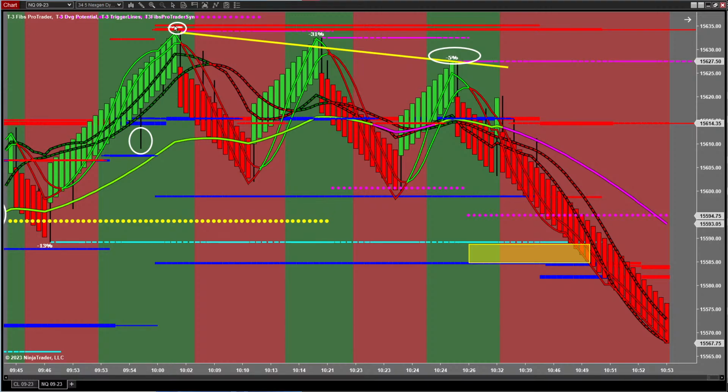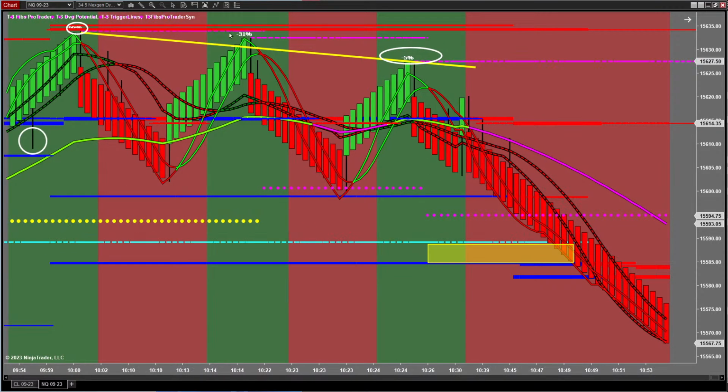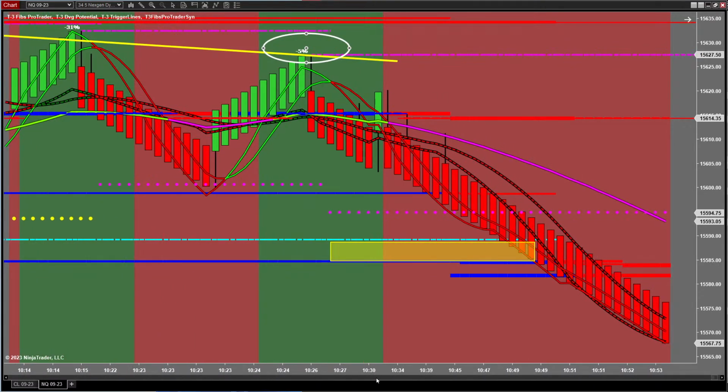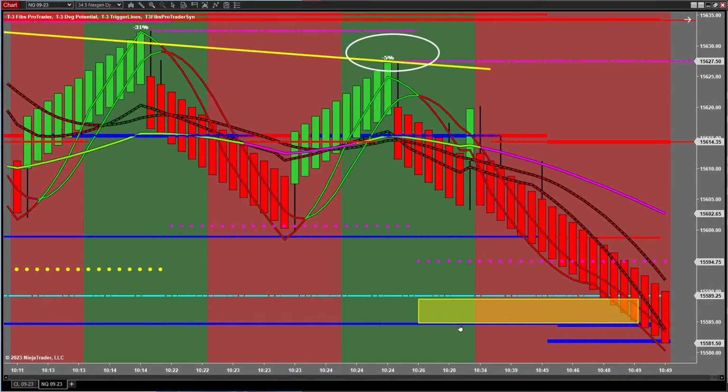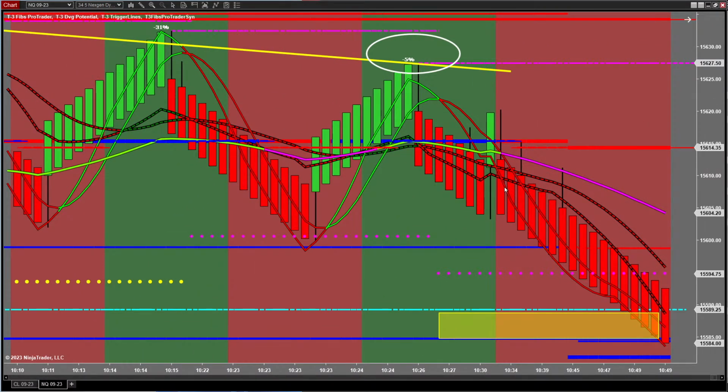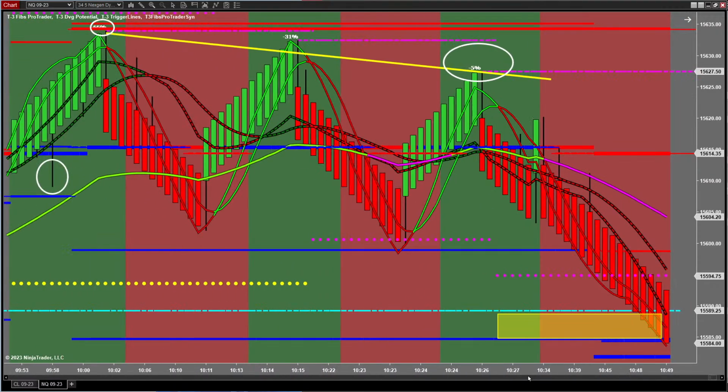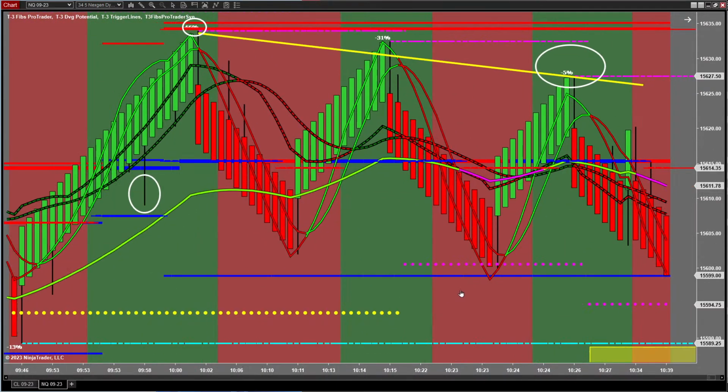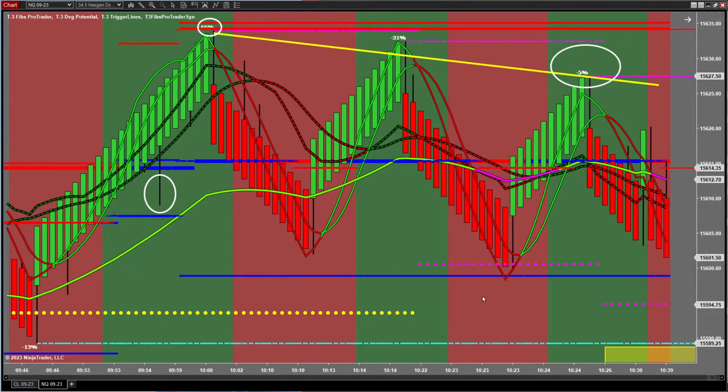And then ultimately it took a little bit, but we had 1, 2, 3 divergences. Again, 3 divergences is a termination condition, but it's not super favorable to go short until the triggers are stronger. So not until both triggers are going down do we have easier short trades, which, when you're looking at it right here, you're saying to yourself, we're going to go down.